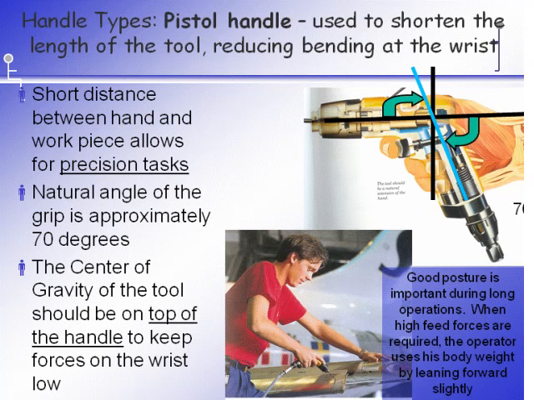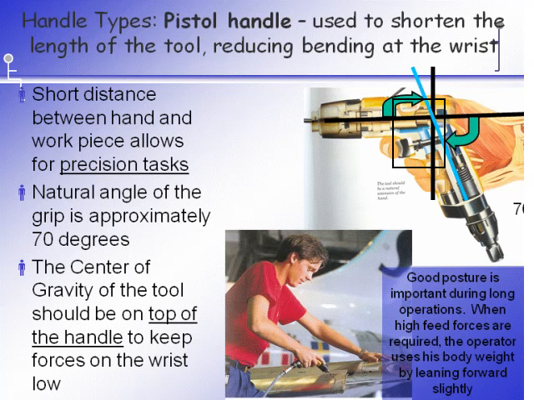Pistol grip tools are great for precision tasks, although you do get that highly repetitive motion of the index finger. Again, we want to have as much as possible this 70-degree angle here, so that the tool is shaped like the natural shape of the hand. And the center of gravity, which would be the heaviest part of the tool, should be on the top, and it should balance right there in the center of the hand.